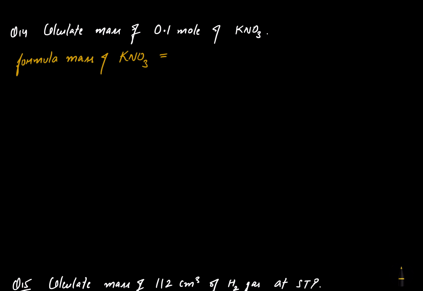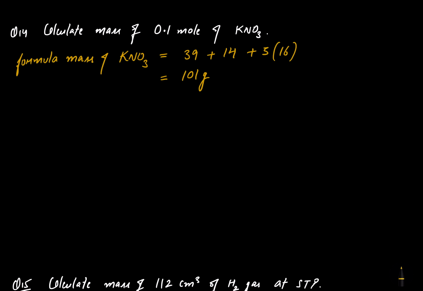What's the atomic mass of potassium? 39. What's the atomic mass of nitrogen? 14. What's the atomic mass of oxygen? It's 16 into 3. And this answer comes out to be 101 grams.